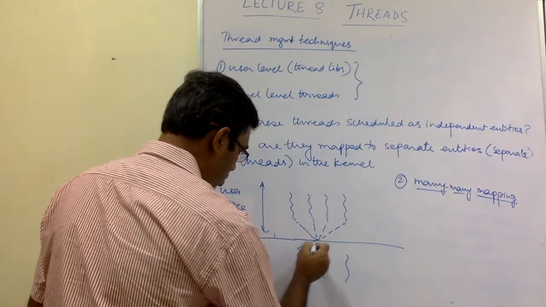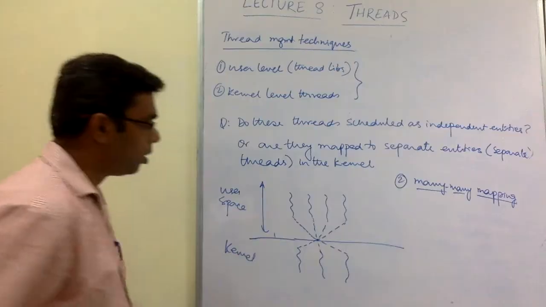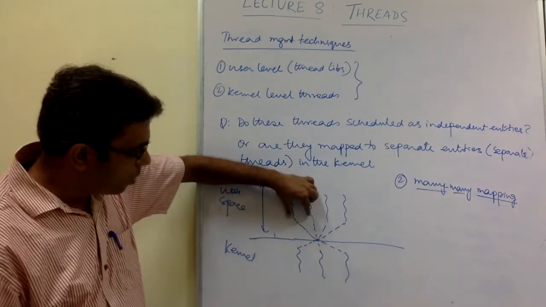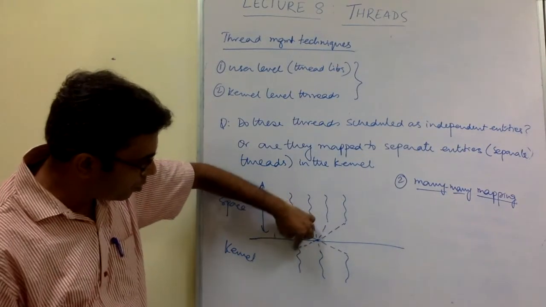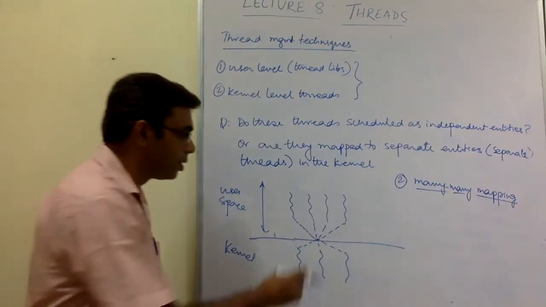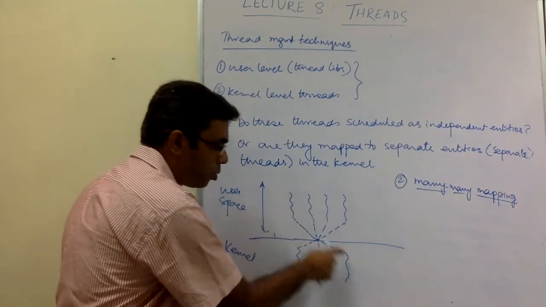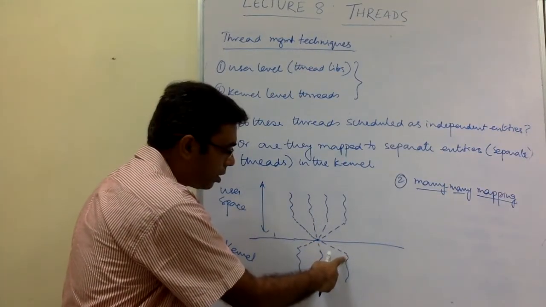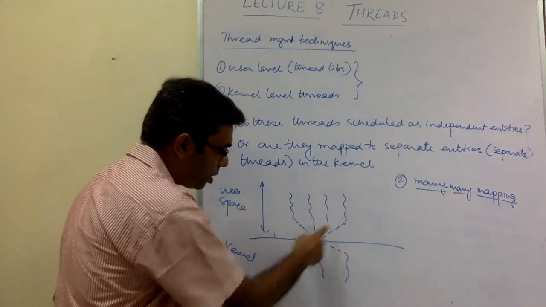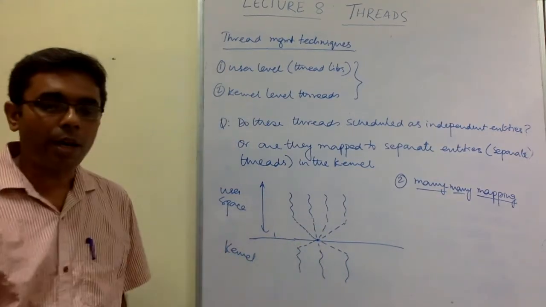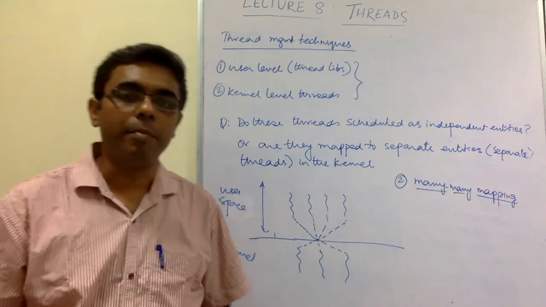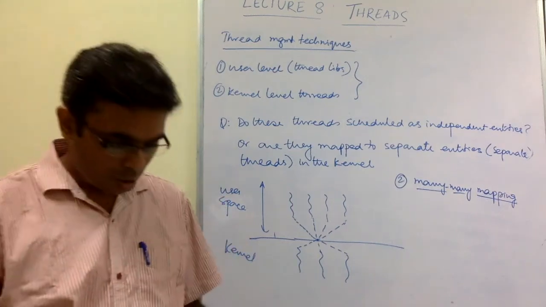So maybe these two will be mapped to this kernel thread. This will be mapped to this one. This will be mapped to this. So it's kind of a hybrid between one-to-one and many-to-one mapping.